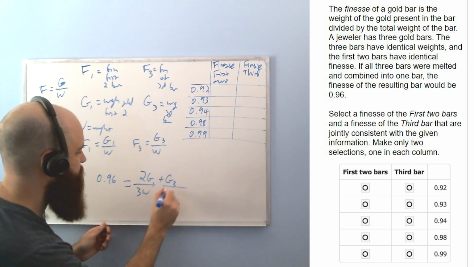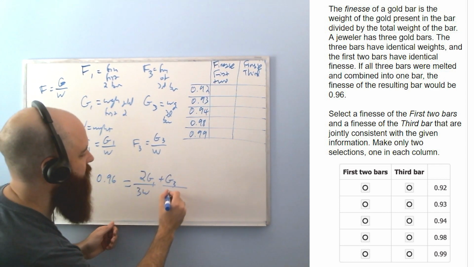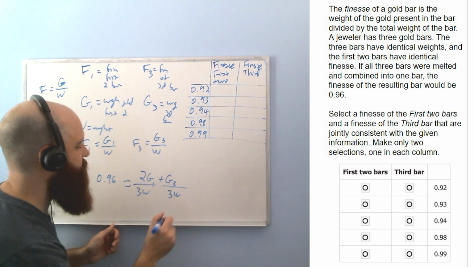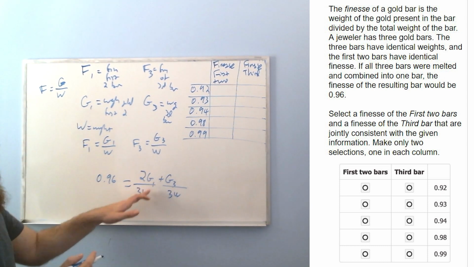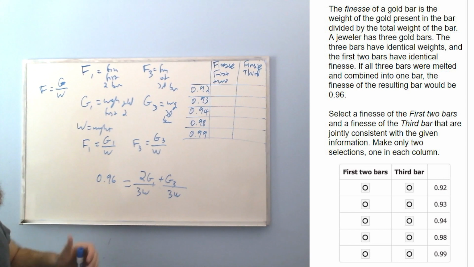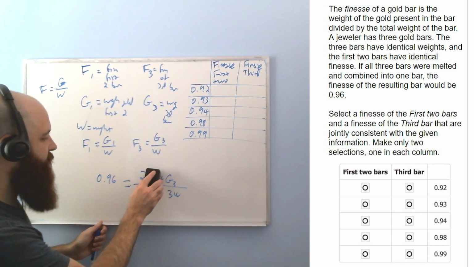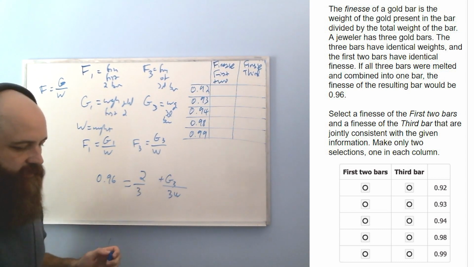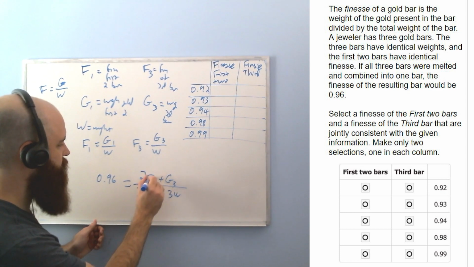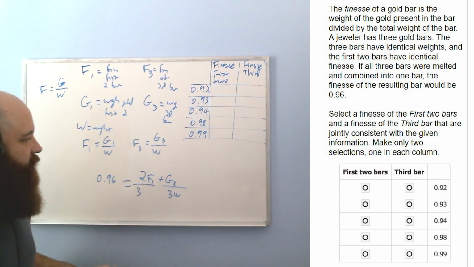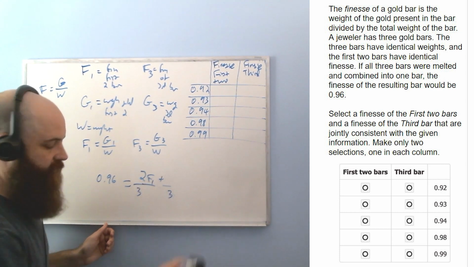If I have 2 things being added divided by something, I can always split up the denominator. And then I see G1 over W is just F1, and G3 over W is just F3.